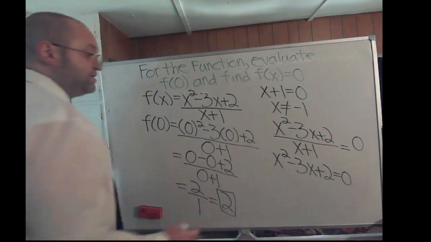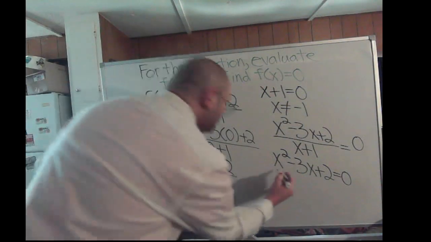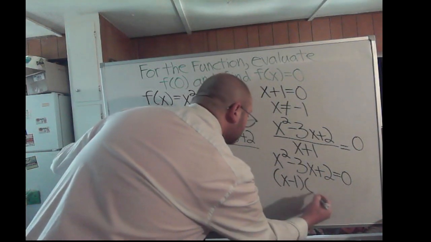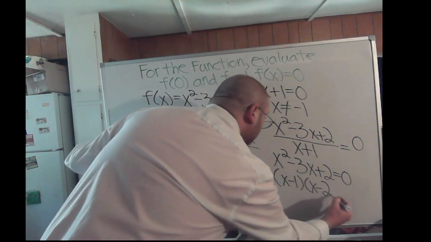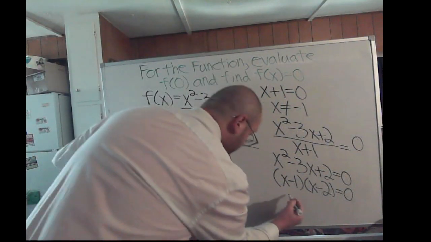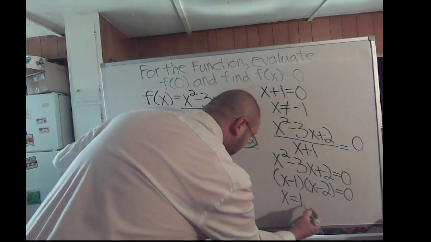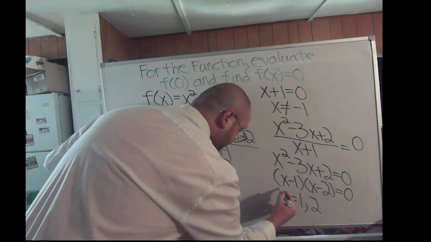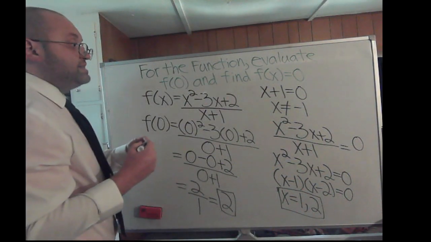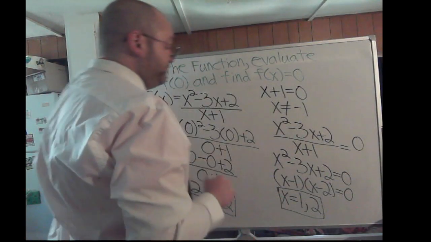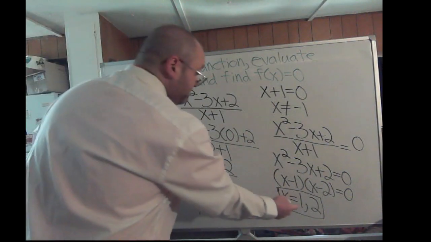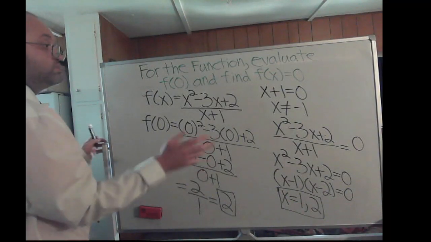Well, we need to factor that in order to solve it. It would factor down to x minus 1 times x minus 2 equal to 0, which means x equals 1 and x equals 2. So your two solutions to this equation are x equals 1 and 2, which is still defined for that, so we can keep both solutions. So x equals 1 and 2.